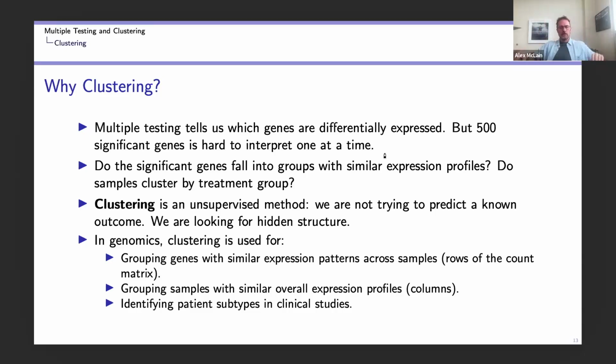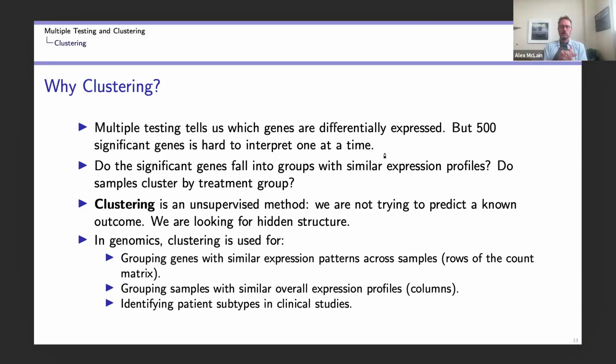We have some way of identifying the top 500 in some fashion. What we have is the counts for 500 genes among treated and untreated. What are we going to do with that? This is where clustering comes in as a method that we can use.